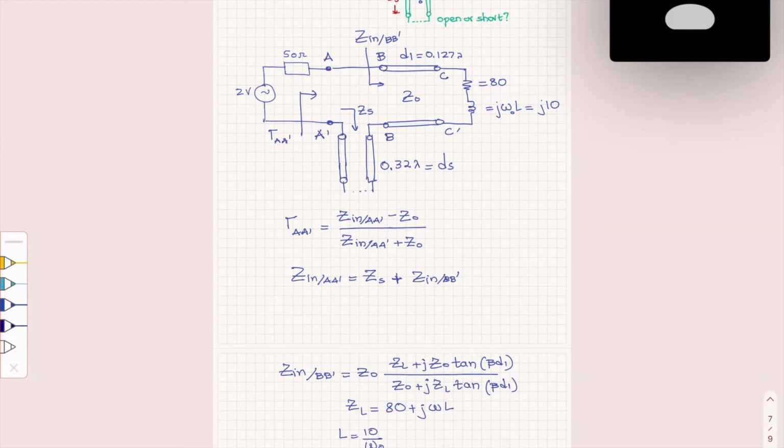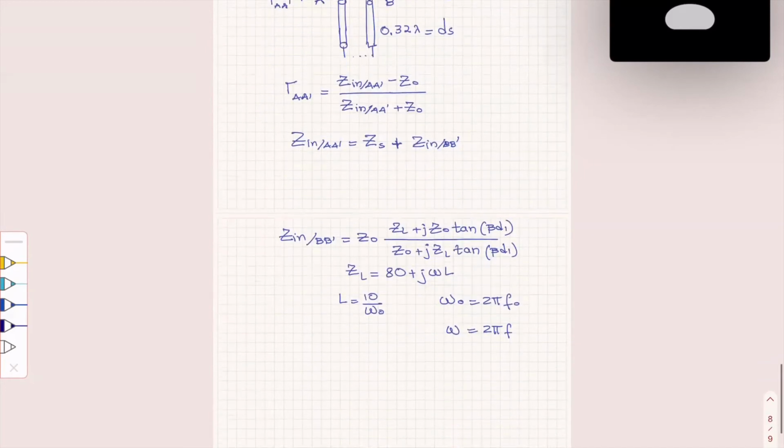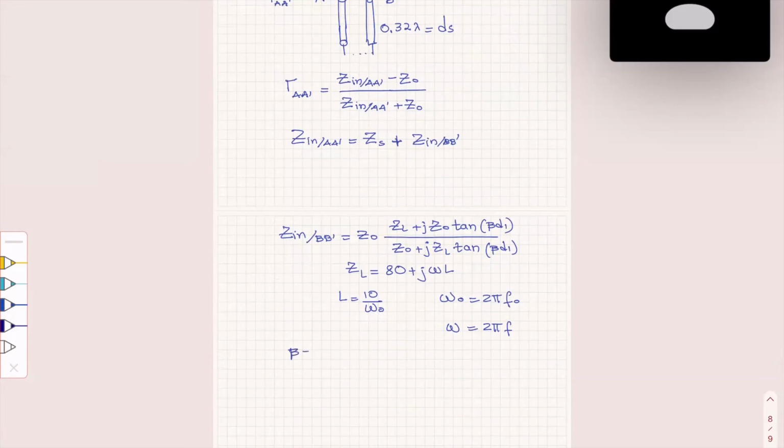Omega naught is the design frequency or the center frequency. Omega naught is 2 pi F naught, and omega is 2 pi F, and beta is 2 pi over lambda.